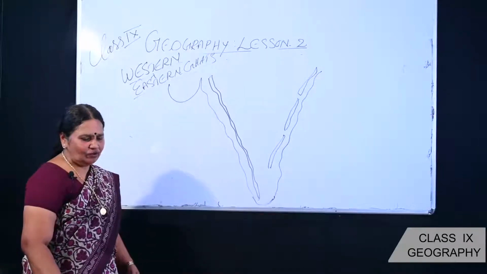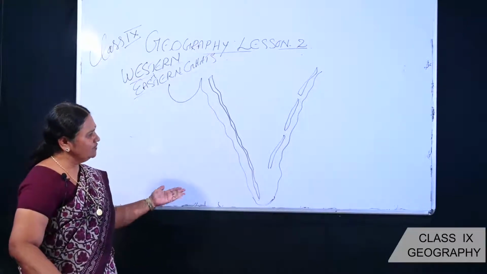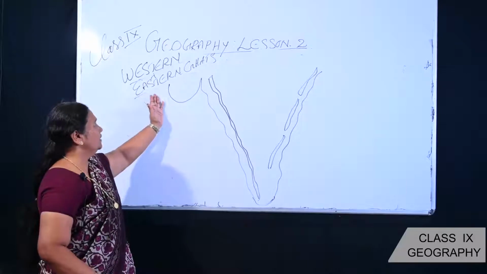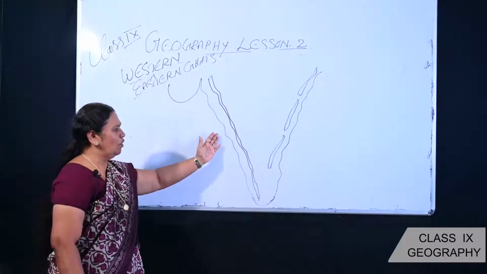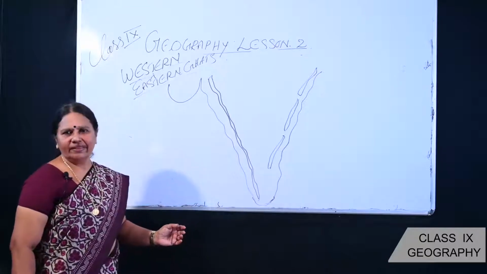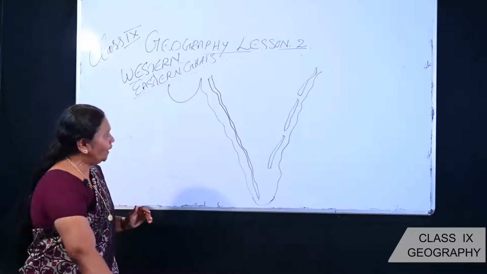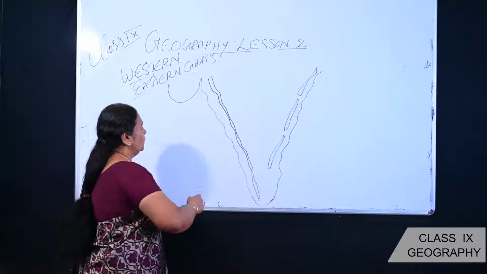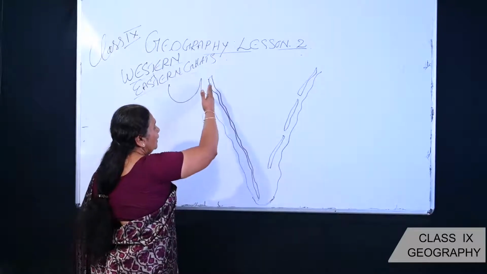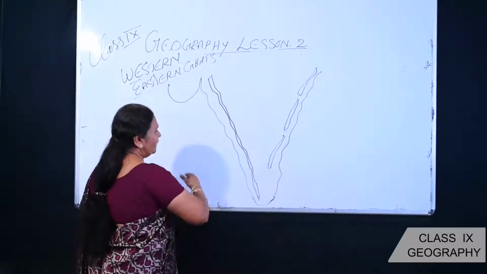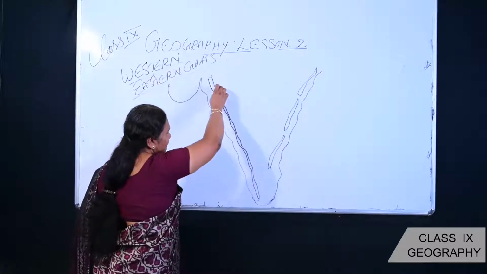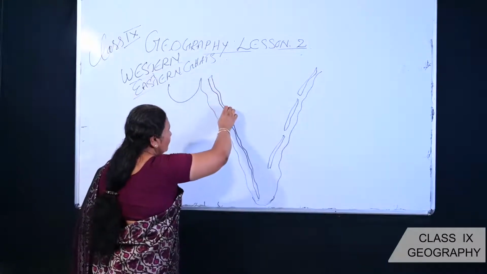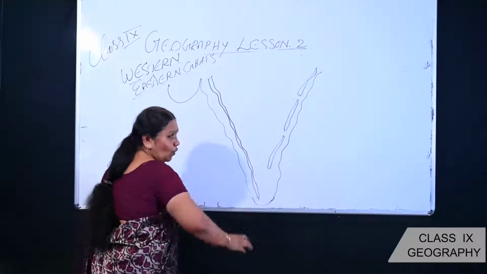Now, in the Peninsular Plateau, it is our duty to discuss the Western and Eastern Ghats. Ghats are nothing but mountain chains. One mountain chain runs parallel to the Arabian Sea, one continuous chain, unbroken.